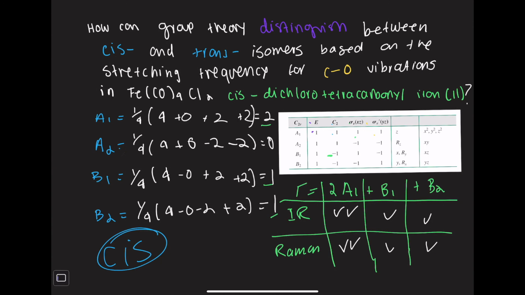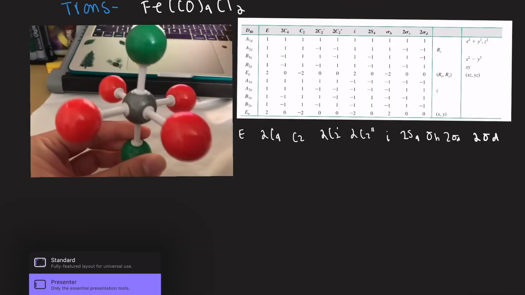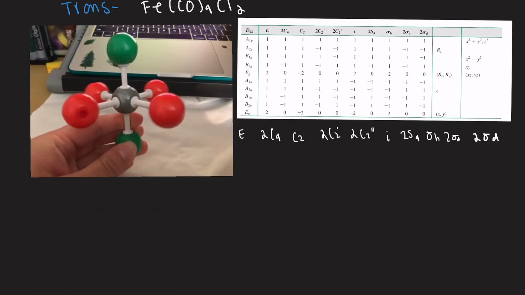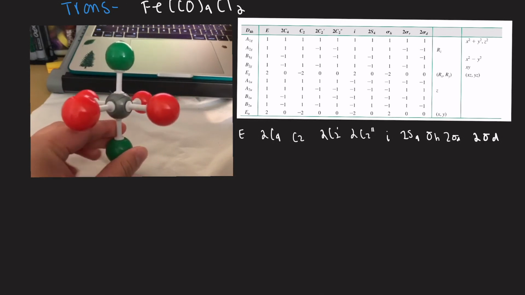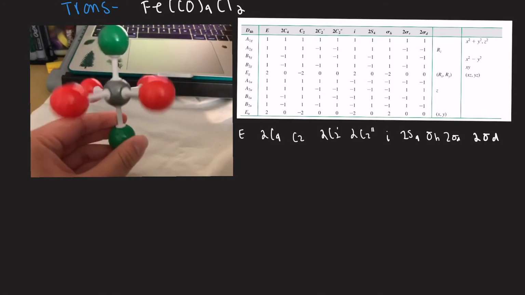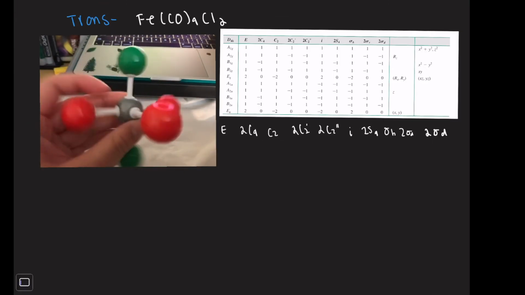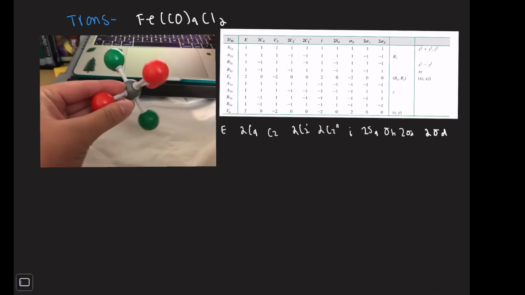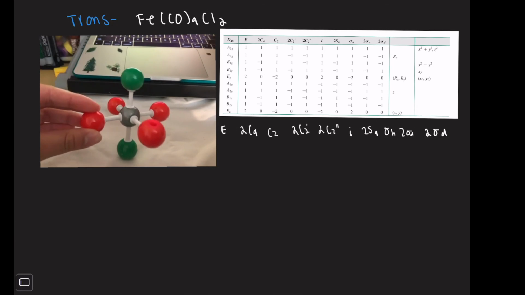The cis isomer. Okay, so now we're doing the trans version, and as we can see, the molecule looks really different. And the point group of this molecule is also very different. It's D4h. I'm pretty sure someone else is going to talk about point groups and all of that.